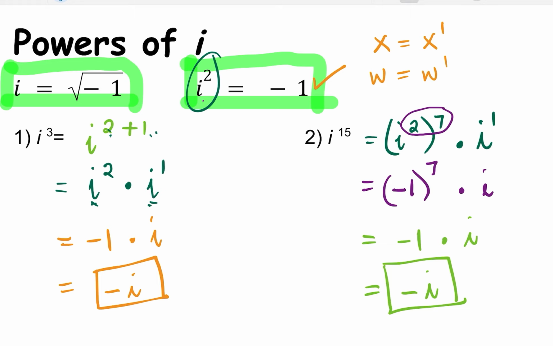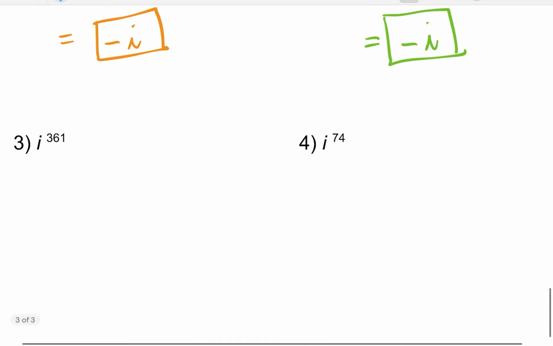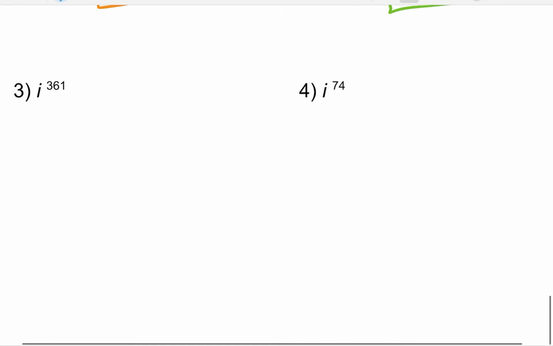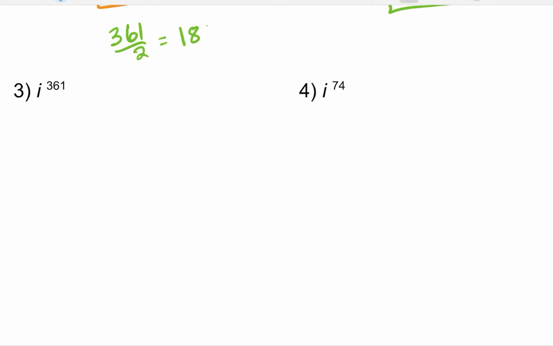All right, let us try this again. Okay, so we have a bigger number here, so if you could use your calculator, we're going to divide 361 by 2. That would give us 180 and a remainder of 1.